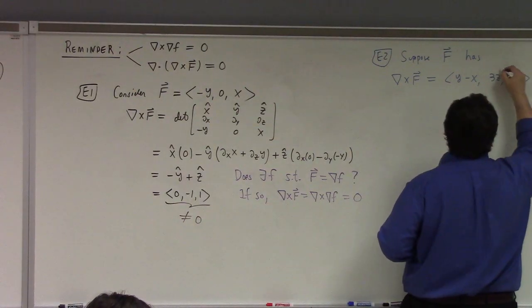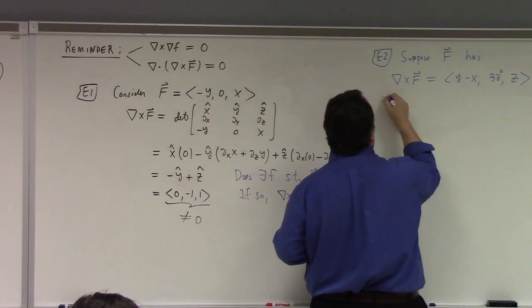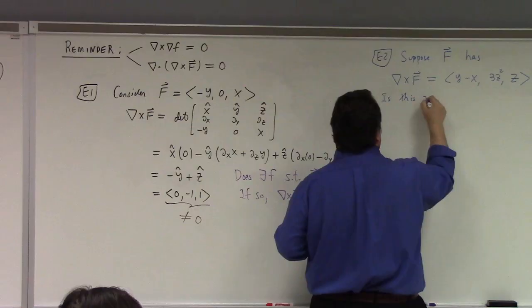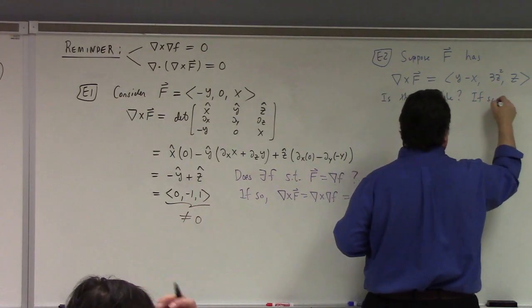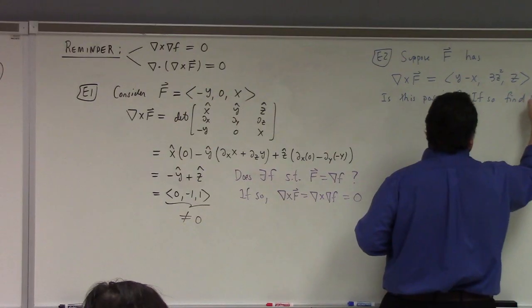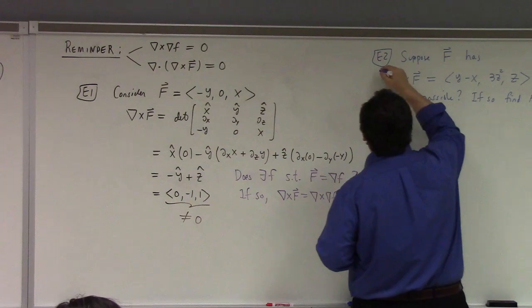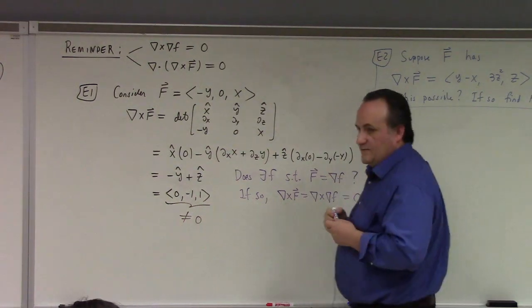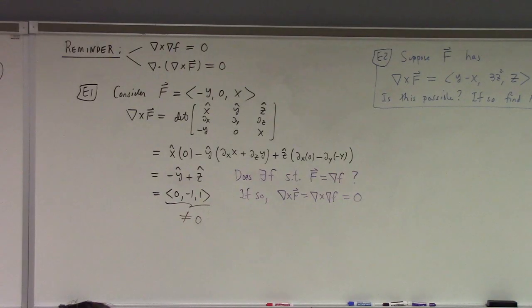Let me throw in a z squared here just for kicks. Is this possible? If so, find F. A couple of questions on surprise attack mission are basically this format. Questions 2 and 3 are like this.